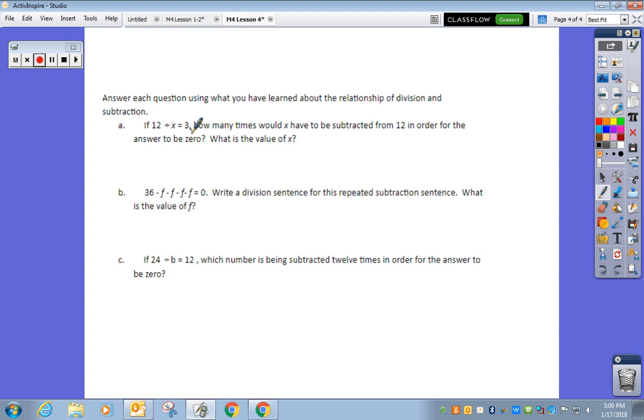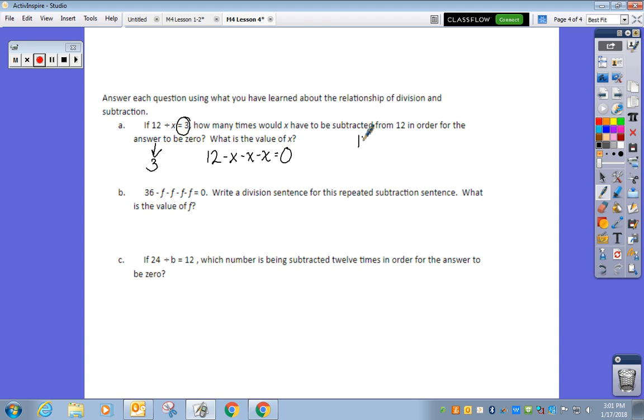If I have 12 divided by x, that means if the answer is 3, I'd have to be subtracting it 3 times. To find the value of x, however, if I did 12 minus x minus x minus x is 0, I may not be able to figure out what that x is. However, I can use that answer of 3 to help me.